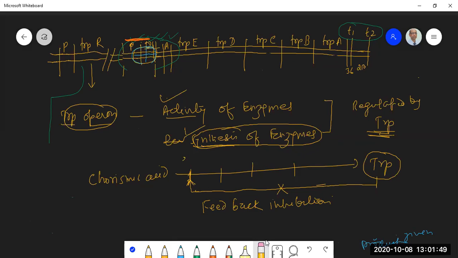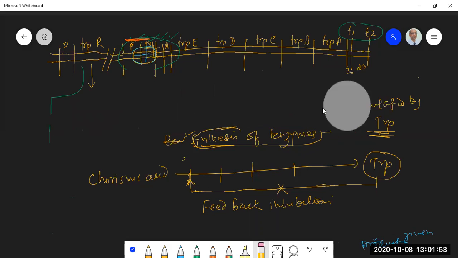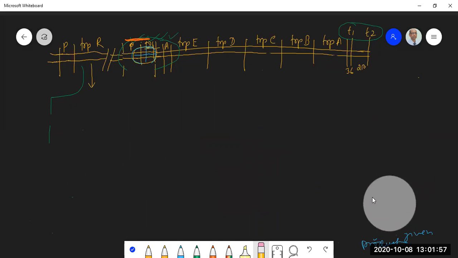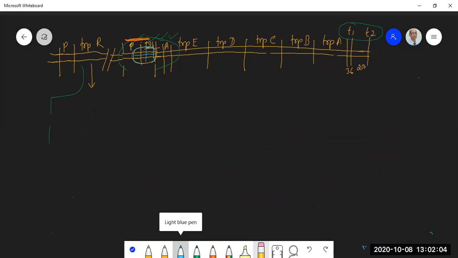We'll take some examples of what we studied in the lac operon also. Let's say there is a mutation in trpC.